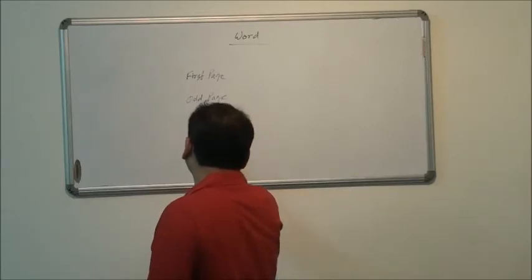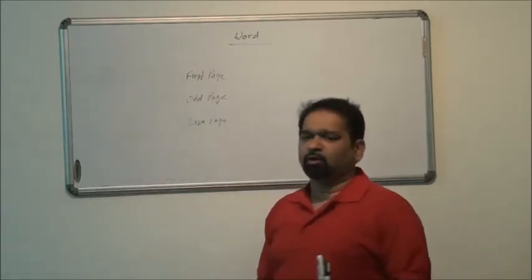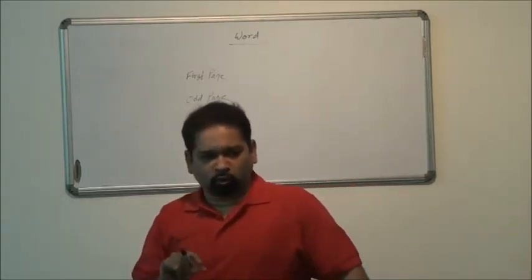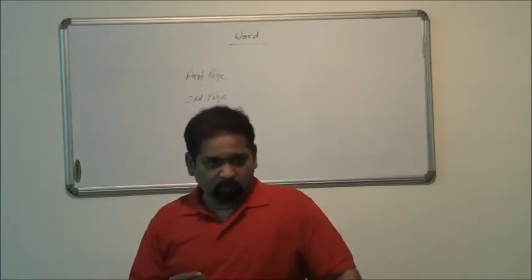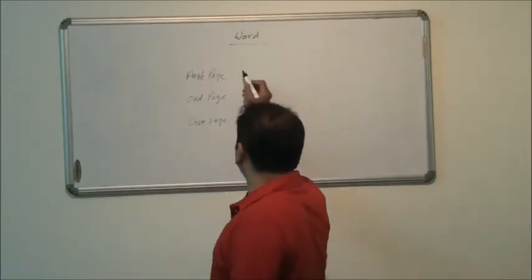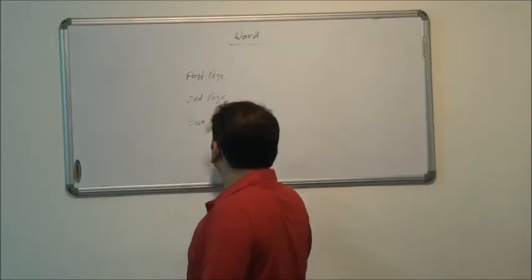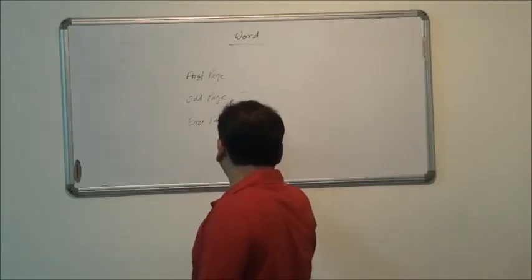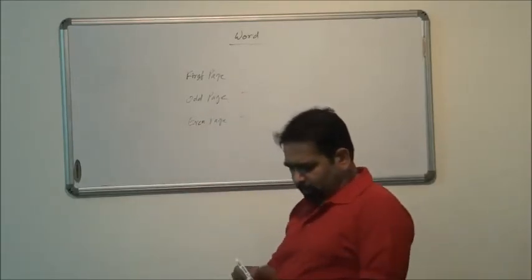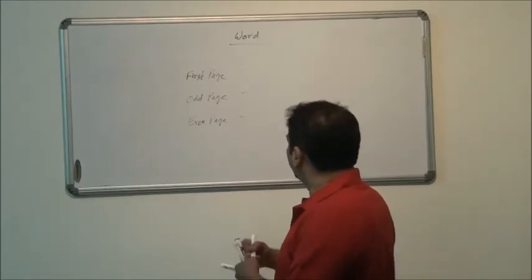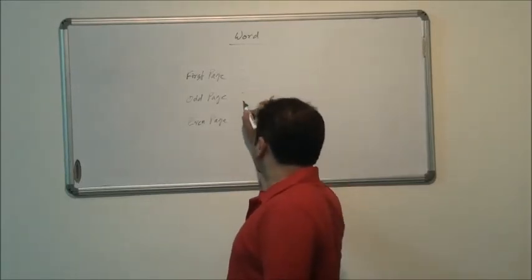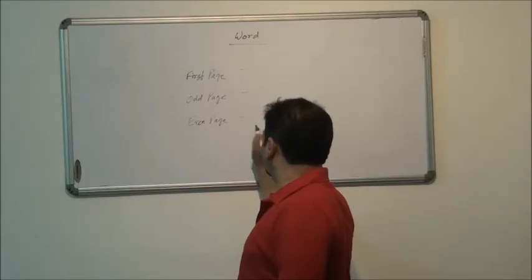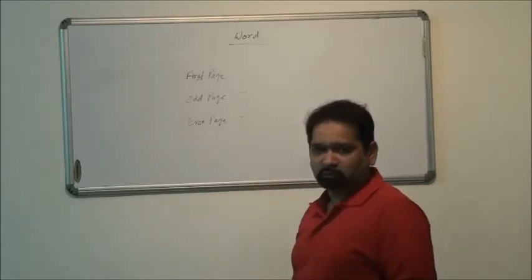And then you have got an even page of the section. Now depending on the setting of your document, and you can change that setting, you may have a different header on first page, a different header on odd page, different header on even page. Similarly, you may have a different footer on the first page, different footer on odd page and different footer on even page.